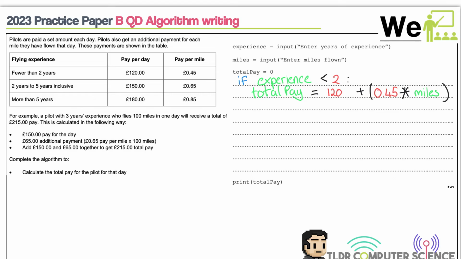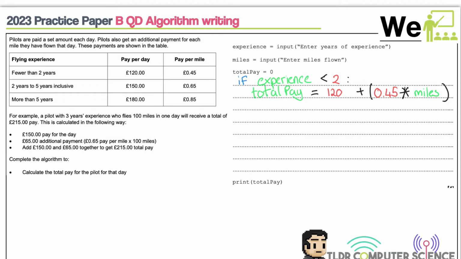The next one we need to check for is this one here. So between 2 and 5 years inclusively. Now what we could do is do an elif experience is greater than or equal to 2 and experience is less than or equal to 5. But remember, we've already said if it's less than 2, it will be caught by this first statement.